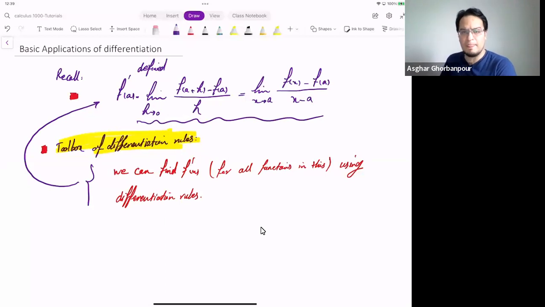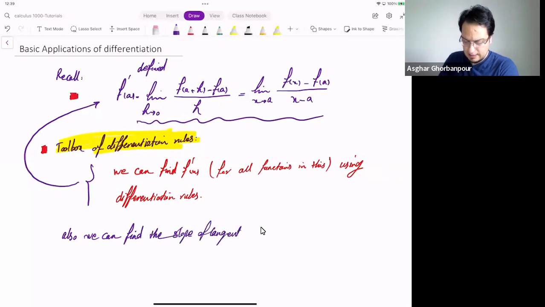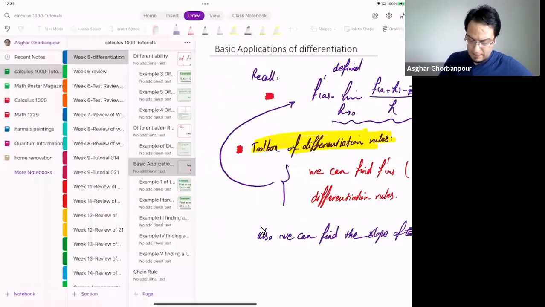Also, we can find the slope of the tangent line to the graph. These two things are the examples, the few next examples that you will see.